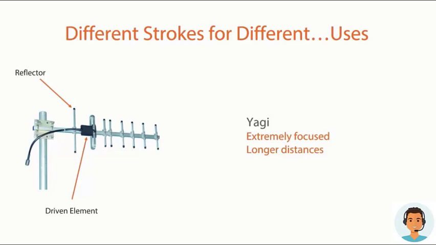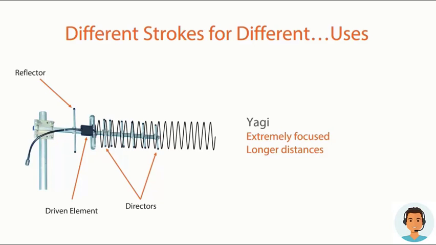And the reason why the bars up front are smaller, these are referred to as directors, is because it helps to focus that microwave. It's there to focus that microwave so that it takes a smaller pattern and therefore is able to go longer distances and possibly pop more popcorn.